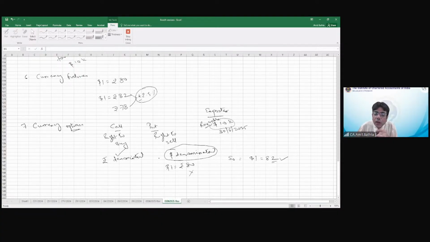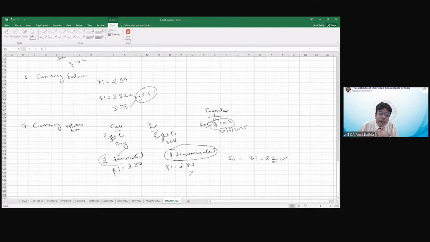The same cover will be available to you here also. For example, say $1 is rupees 80. That means I have a right to buy rupee currency, and for that, how much will I have to pay? For every dollar, I will get 80 rupees. In other words, for every 80 rupees that I buy, I will have to pay $1.